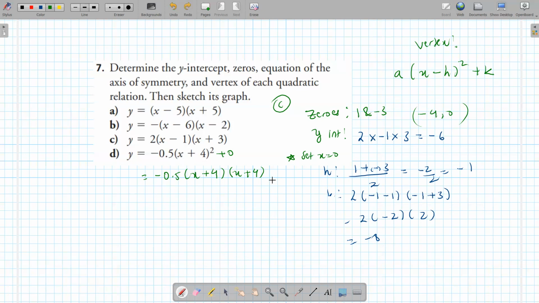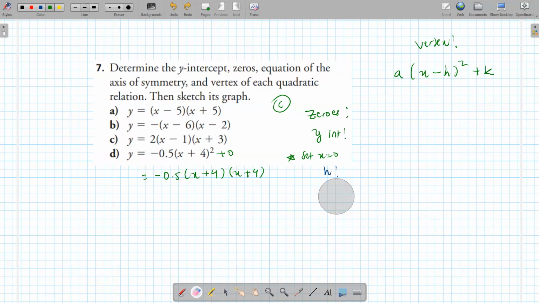We have x plus 4, so it's -4, right? It is -4. And it's a repeated root. That means at -4, there's going to be a turning point. The y-intercept, you need to set x as 0. So it's going to be -0.5 times 16.